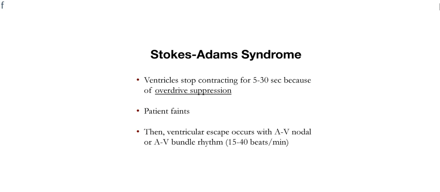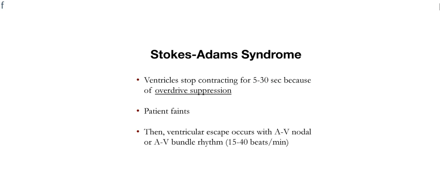Normally, the ventricles are used to being driven in terms of the timing of that depolarization from an atrial stimulus. So at this point, you get overdrive suppression when you basically lose that driving force of that electrical signal coming from the atrial and the atrioventricular node.